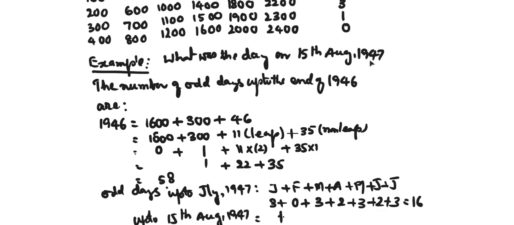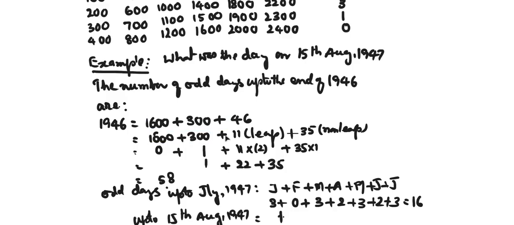First of all, I have to calculate how many odd days there are till the end of 1946. This 1946 can be divided as 1600 plus 300 plus 46.